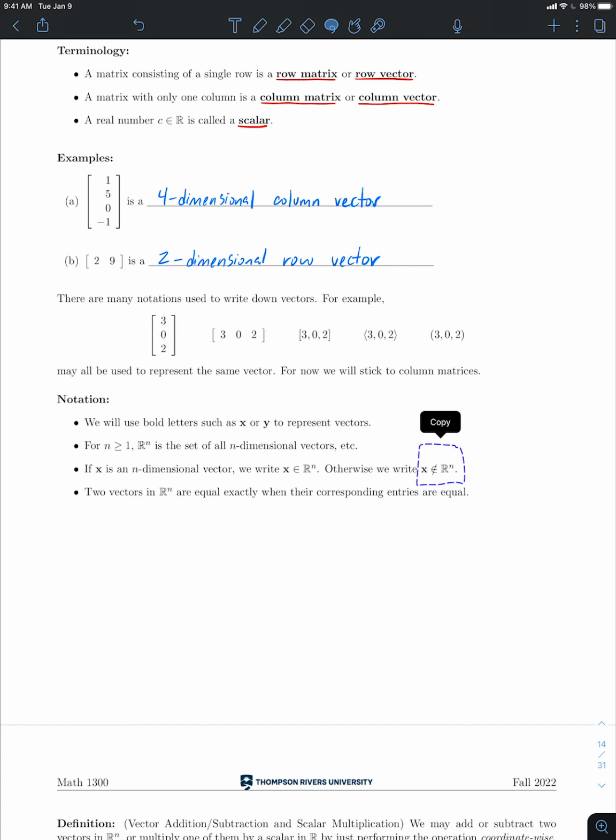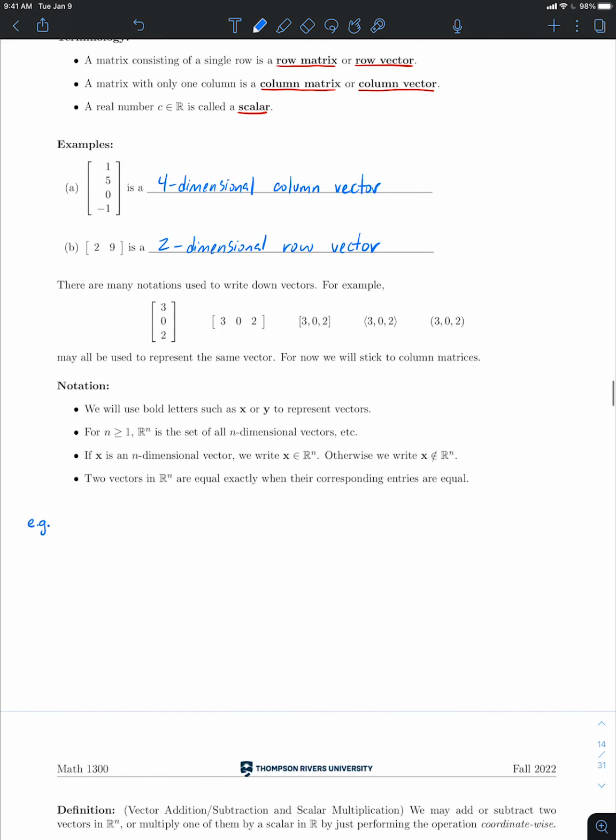So let's write down a couple of examples so it's not so abstract. For example, if I had the vector x, let's write down a 2-dimensional vector. This is an example of a vector that is in R2.